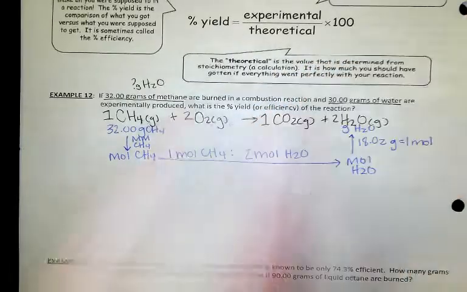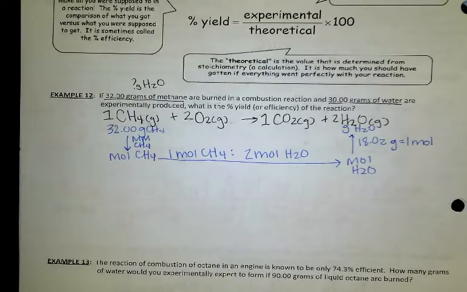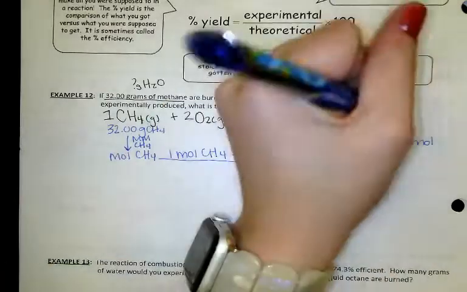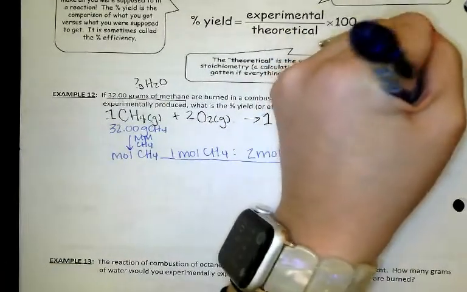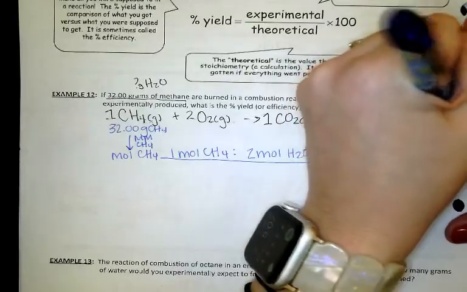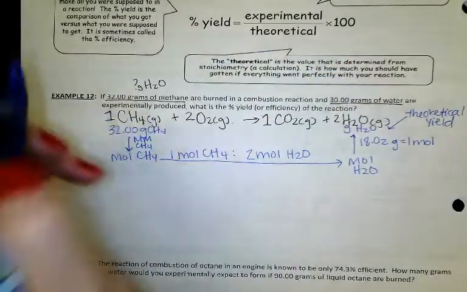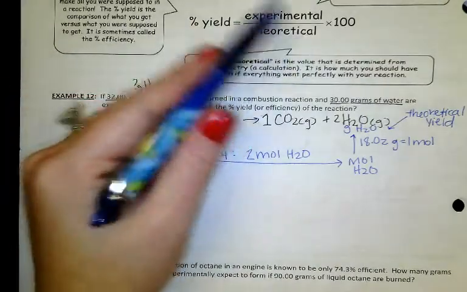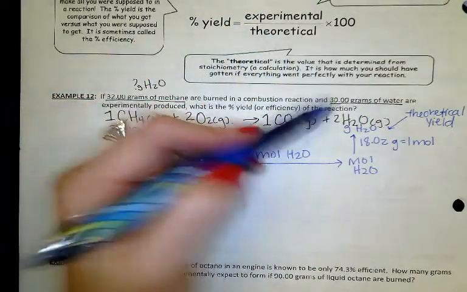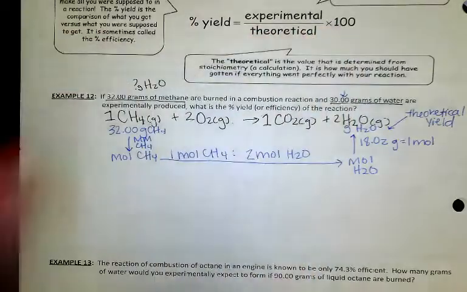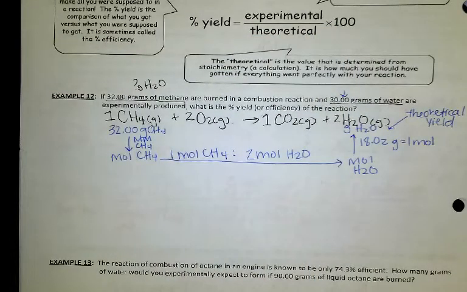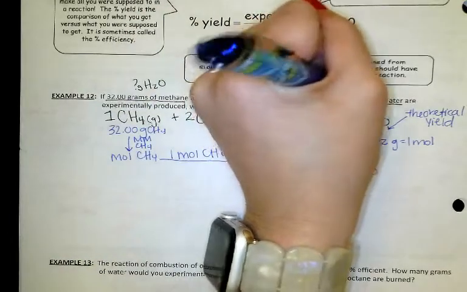So what we're trying to find is the theoretical yield. Okay, we're trying to find the theoretical yield, and then what we'll do is we'll plug it into this formula. Our experimental yield was given. It said that 30 grams of water are experimentally produced. So this is the experimental yield. So we'll take the experimental yield, divide by the theoretical that we calculated, and get the percent yield.